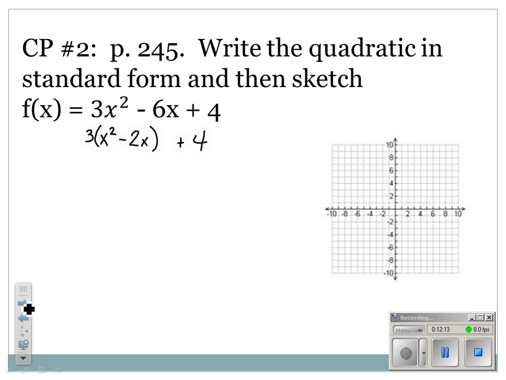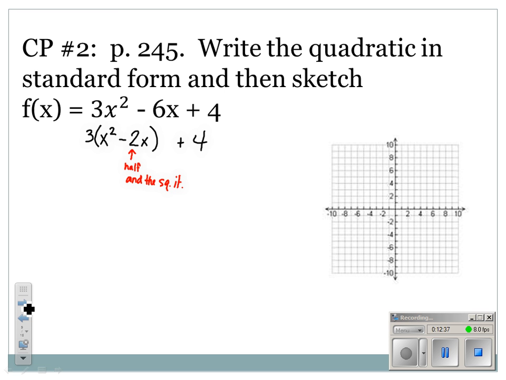Now, completing the square, you are going to take half of the coefficient of x and then square it. Remember that process? So half of negative 2 is negative 1. Square negative 1, you get positive 1.